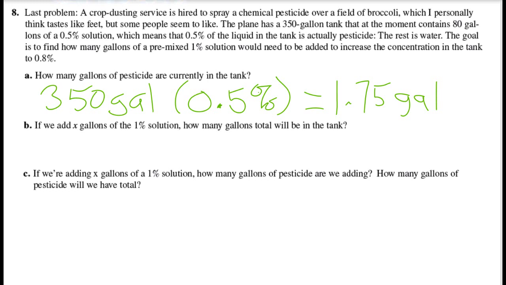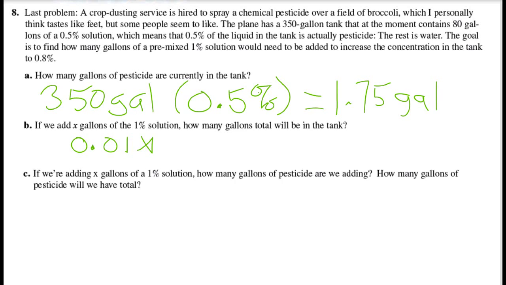So question B, answer that and come back to the video. If we add X gallons of the 1% solution, how many gallons will be in the tank? So 1% is 0.01. Okay. And I multiply that by X. That tells me the number of gallons.